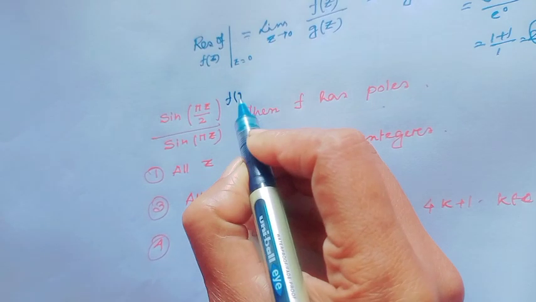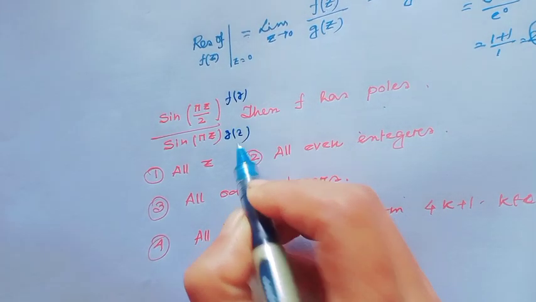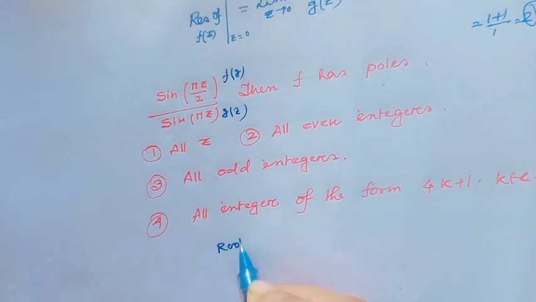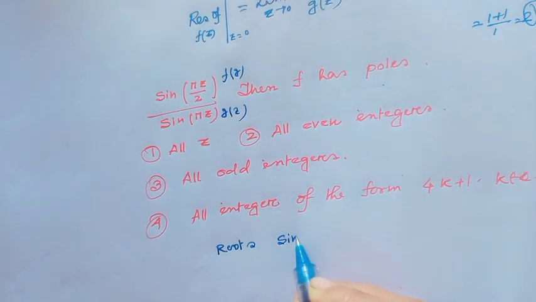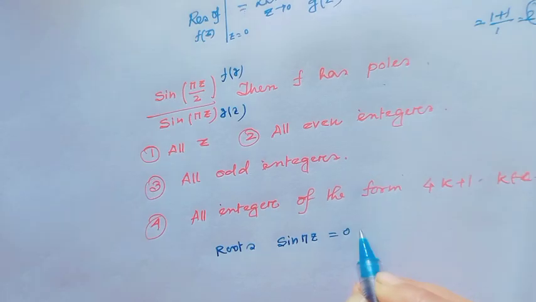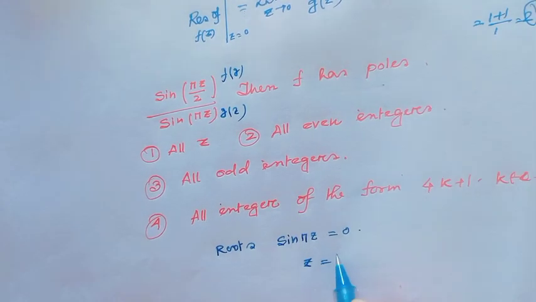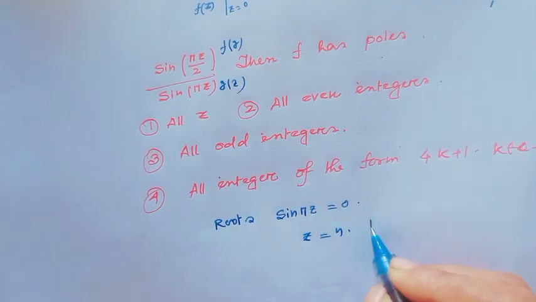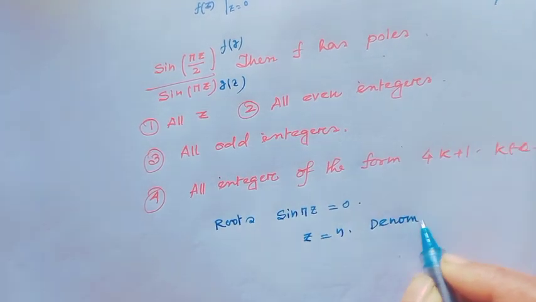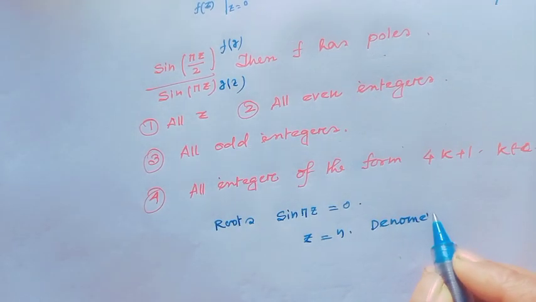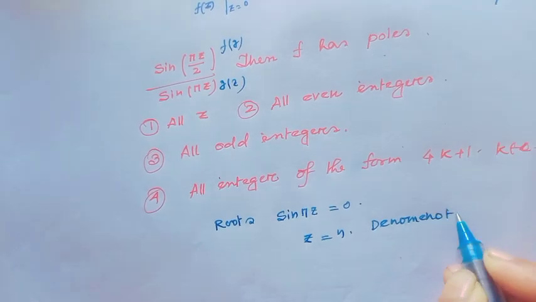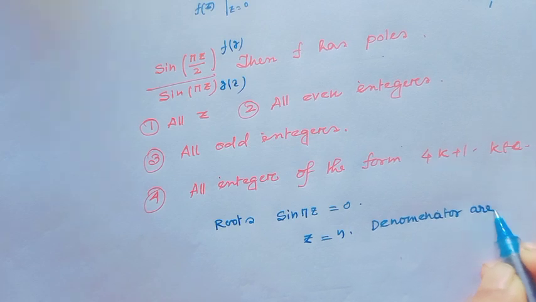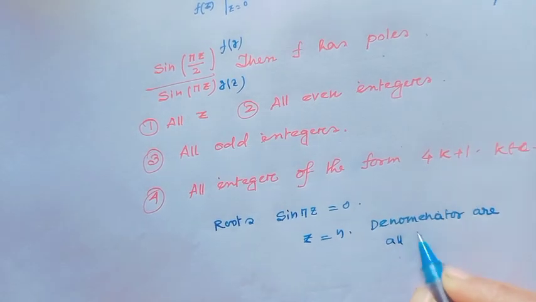Consider this is f(z) and this is g(z). The roots of sin(pi z) equal to 0 mean z equal to n, so the denominator is zero at all integers.